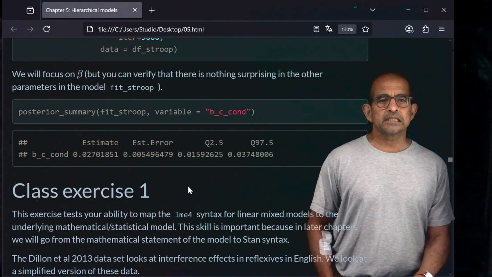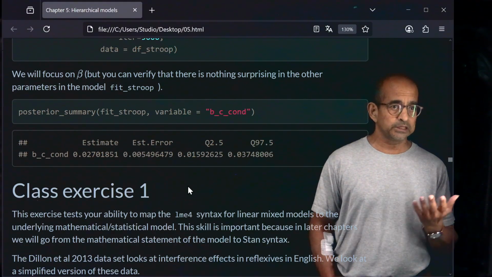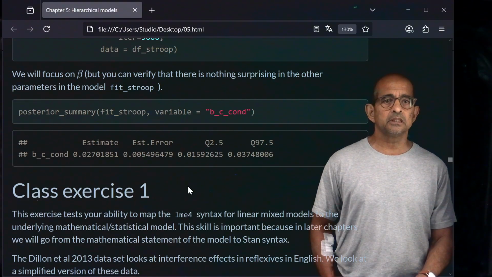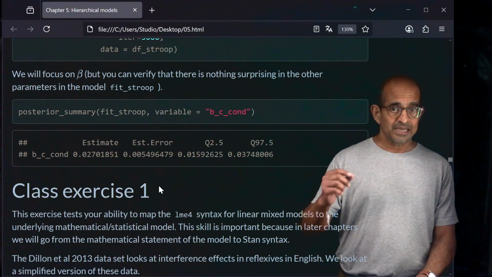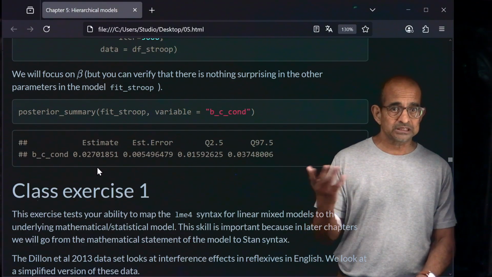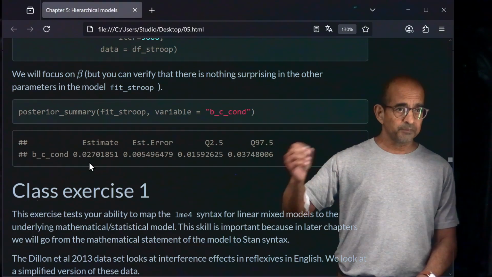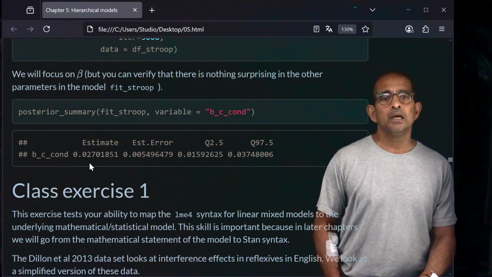Okay, so that's an example of using the hierarchical model with a log normal likelihood with varying intercepts and slopes and a correlation. You could always back transform the beta parameter estimate, which is hard to interpret on the log scale, to the millisecond scale using the methods that I showed in chapter 4.